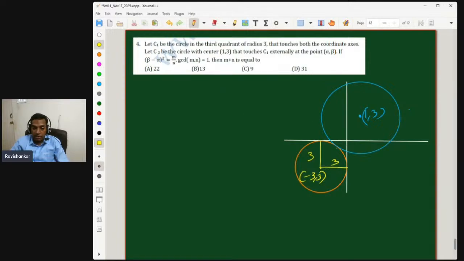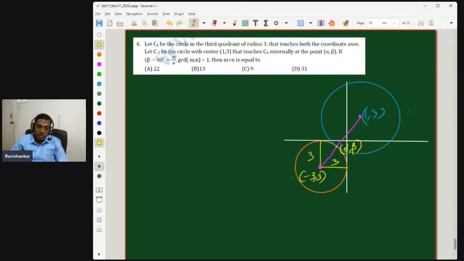Here, alpha beta is this point. Earlier, alpha beta was one of the centers of one of the circles, but here, you have to essentially find the value of alpha and beta. If you don't get intimidated, it's not too difficult a question.